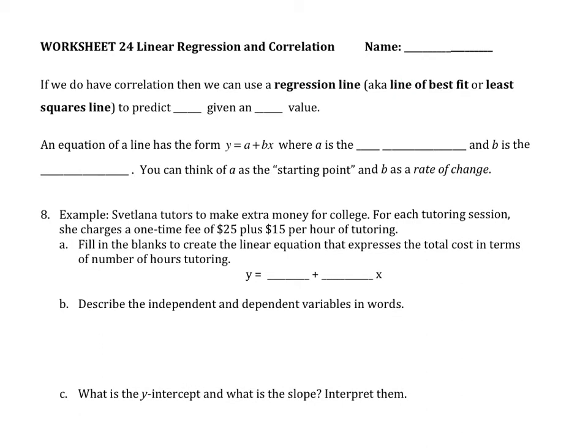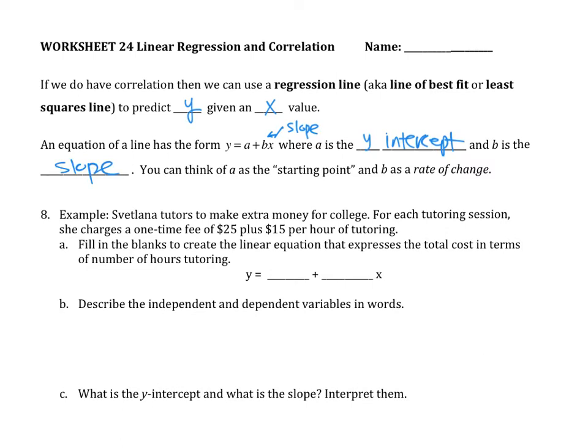That line we're going to use to predict y value for a given x value. So an equation of a line is y is equal to a plus bx. You know that sometimes the b is called the slope, right? It's the one number that is attached to x. A is the y intercept, and b is the slope, right?